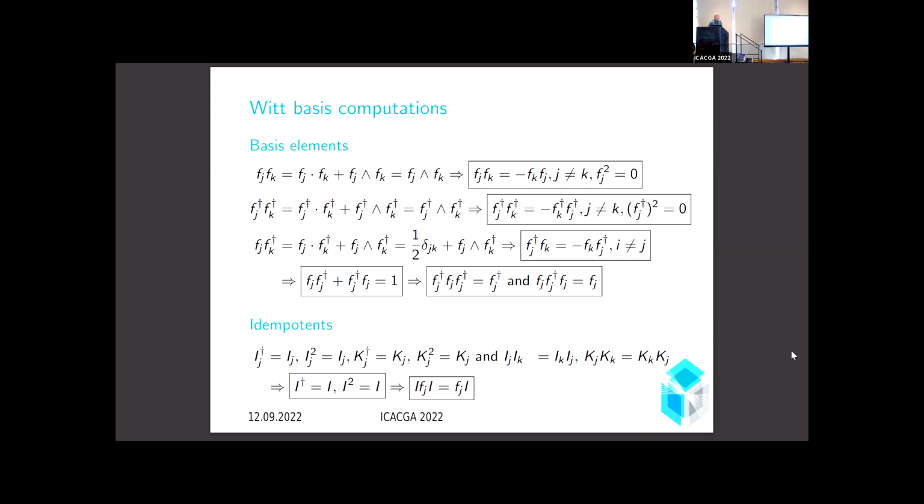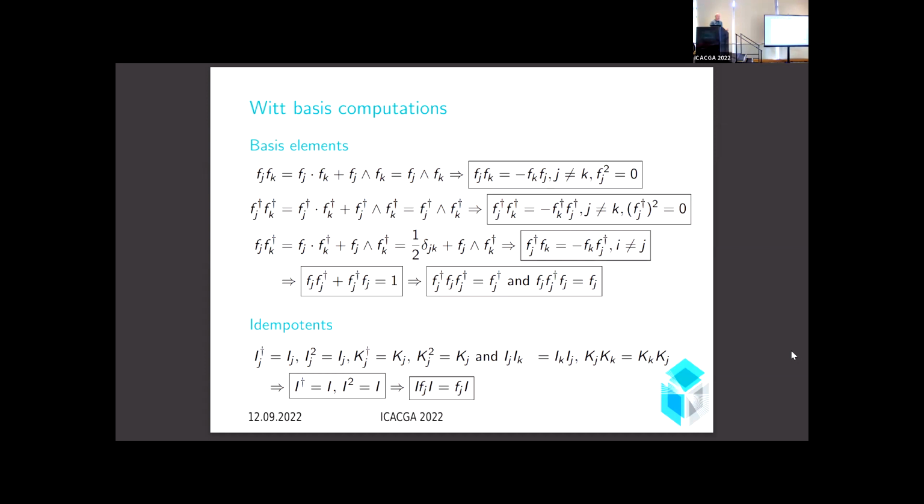If one element is without and the second is with, then it's anticommutative if they are different, but if they are the same, this identity holds. So we have a set of identities which we have to derive because we changed the basis.